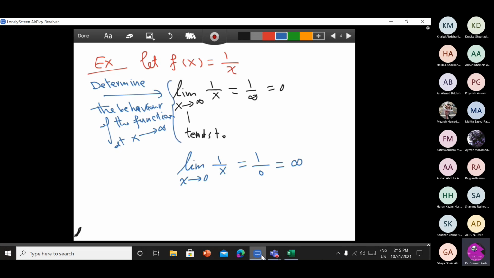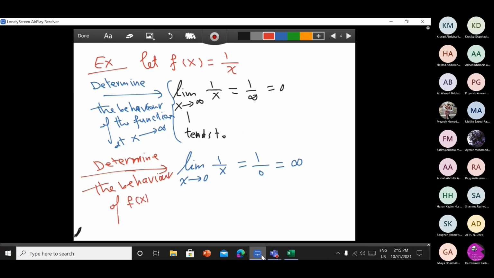This is what it means, right? But this one determines the behavior of the function at x tends to 0, right?